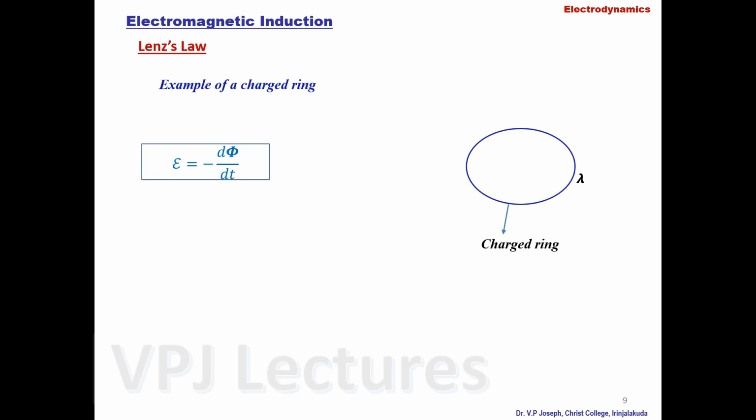Now let us consider the example of a charged ring. This also demonstrates Lenz's law quite well. For that, let us consider a charged ring like this with a charge density lambda, that is charge per unit length, attached to this circular ring. Let this charged ring be suspended freely, free to rotate.